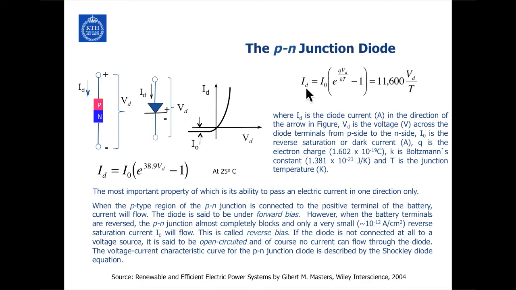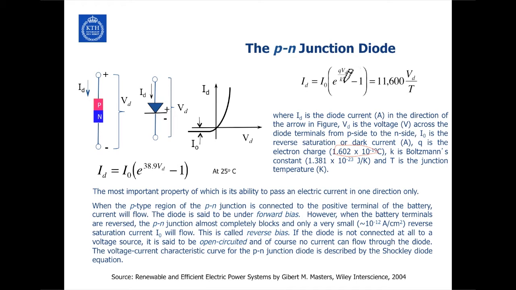The current flowing through the diode is equal to the saturation current multiplied by the exponential to the power of q, where q is the electron charge, which is given here. K is the Boltzmann constant, and T is the junction temperature.